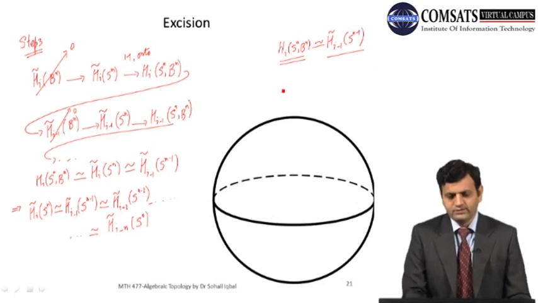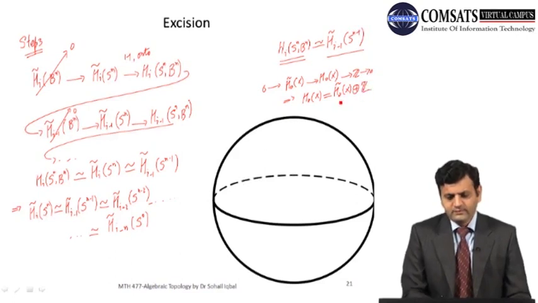And we also know the relation between the reduced homology and the homology: the reduced homology of a space X goes to the homology of X goes to Z. So we have this short exact sequence, and this implies that the reduced homology and the homology are related in the following way: plus Z.